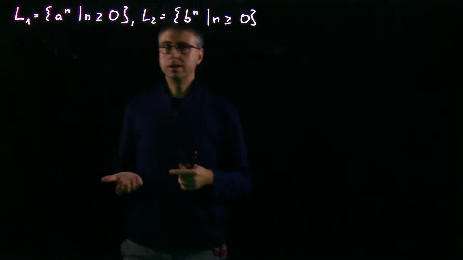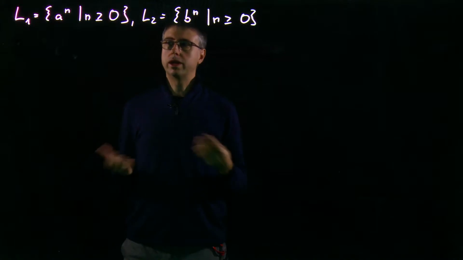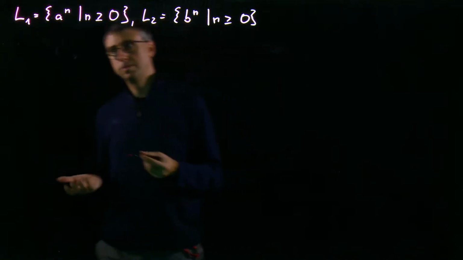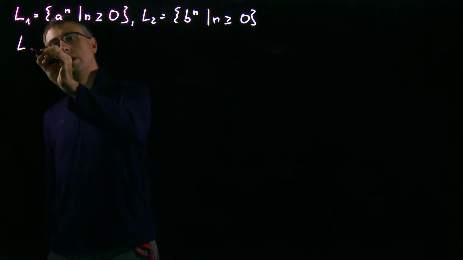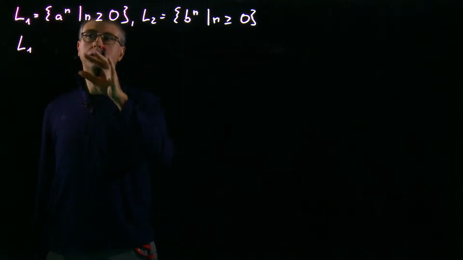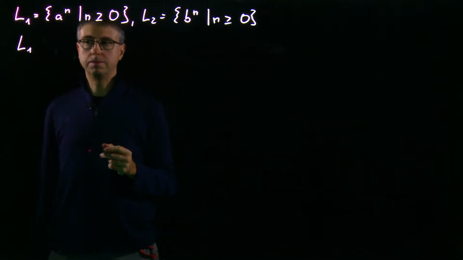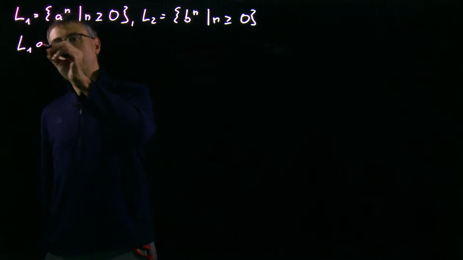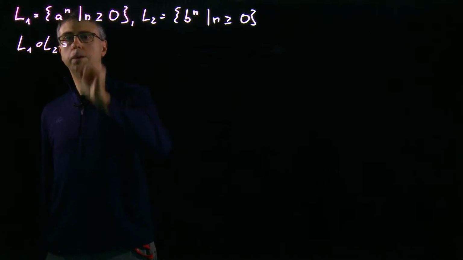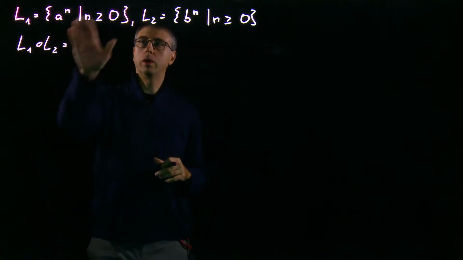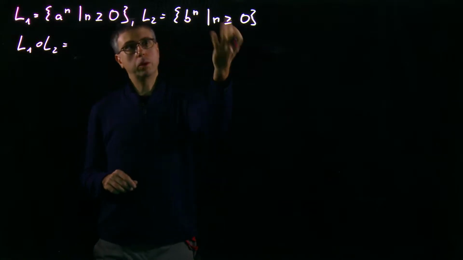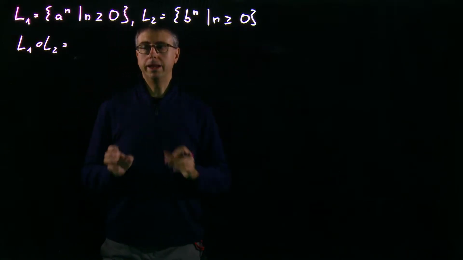What we can now do is construct the concatenation of both languages. So we can have a look at what happens if we try to concatenate both languages. How could we define it? And actually it's quite easy. You just take one word from the first language, one word from the second language, and you combine them.